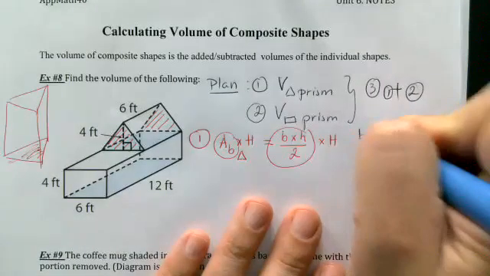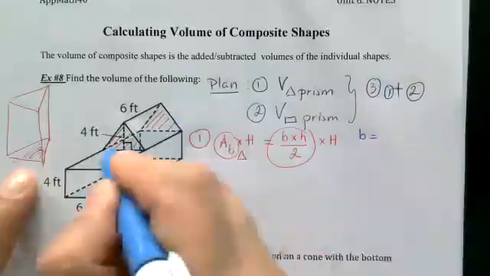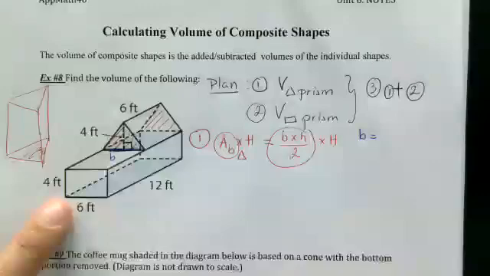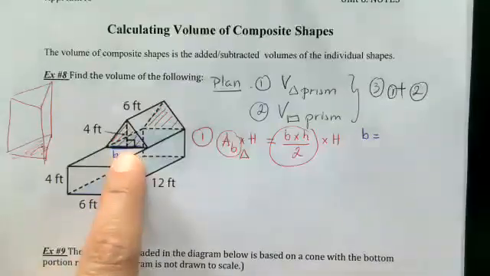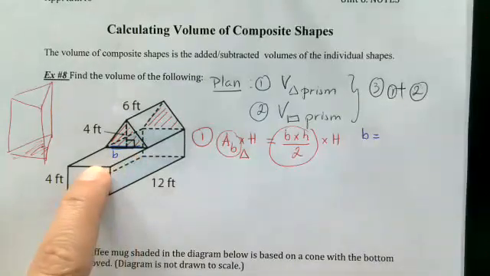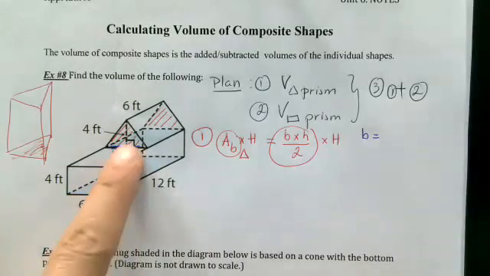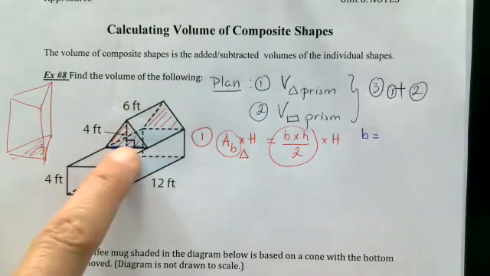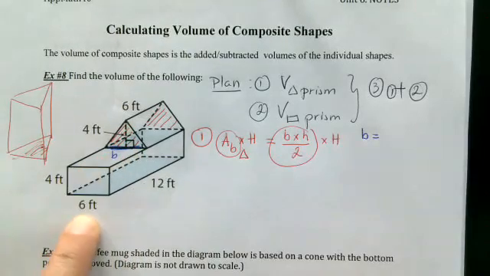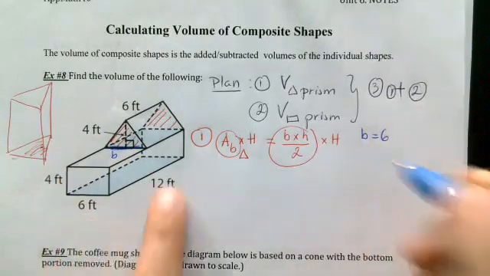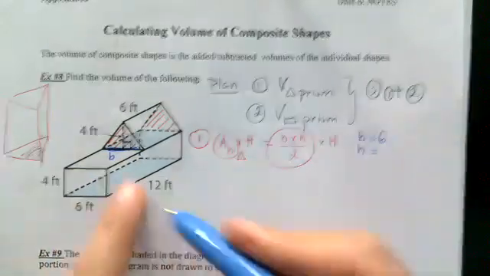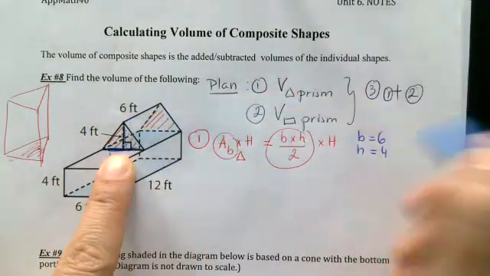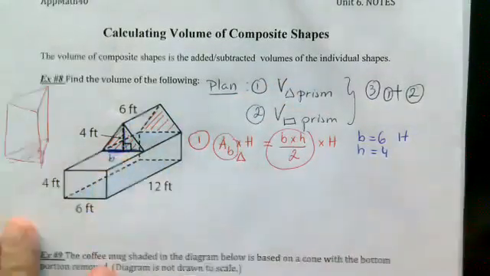So the base of the triangle is that one. What's the length of it? Yeah, the base of the triangle. 6. What's the height of the triangle? 4. What's the height of the prism?